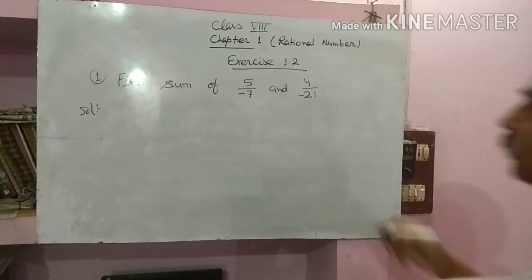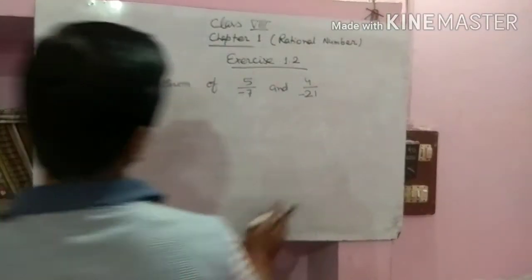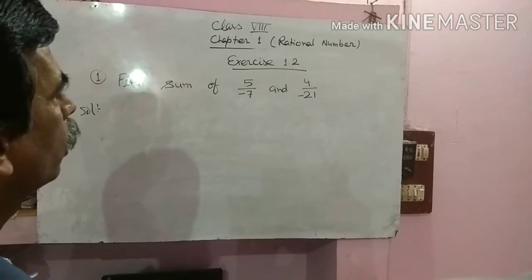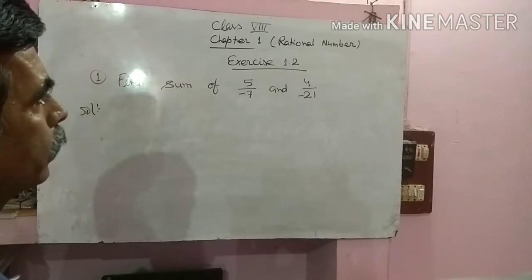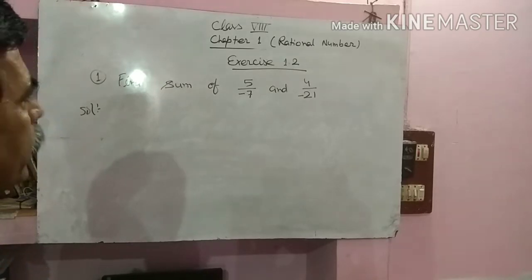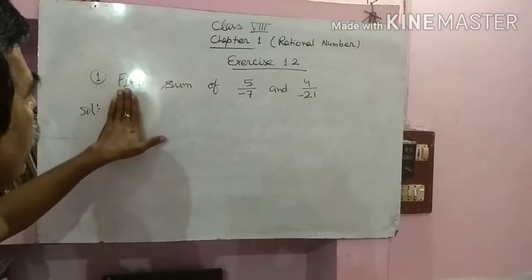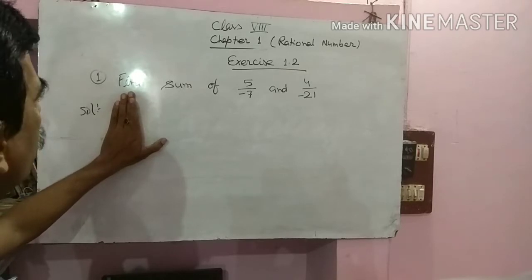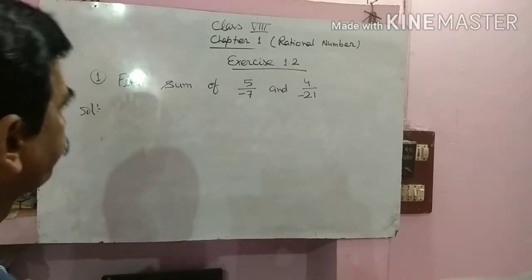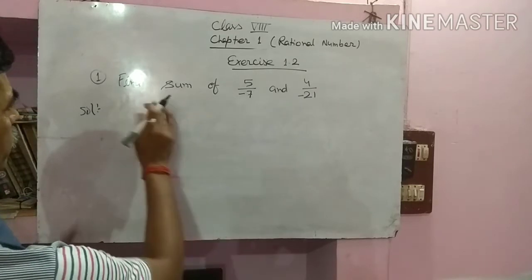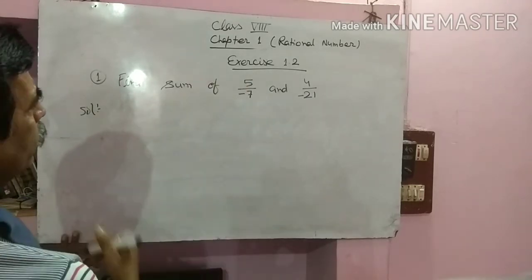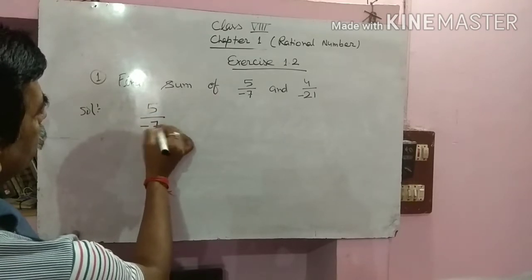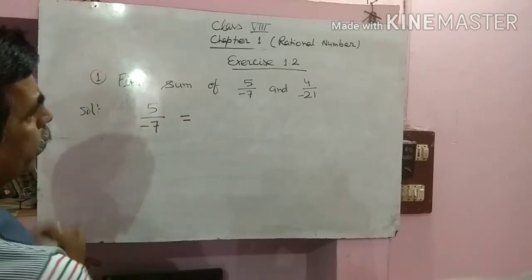Okay, now we are going to solve some questions of exercise 1.2. The first question is: find the sum of 5 by minus 7 and 4 by minus 21. To solve this, first we have to write 5 by minus 7 in its standard form.